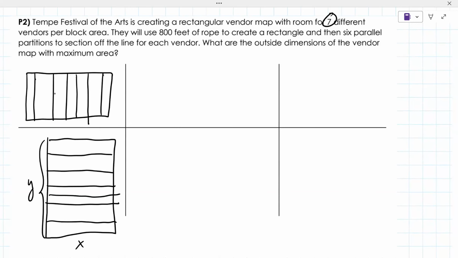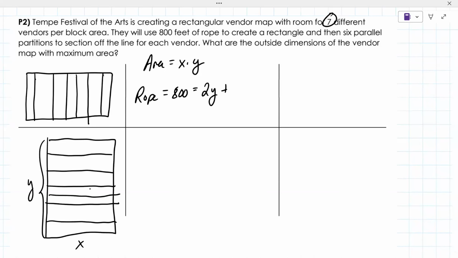When you start writing an equation here, the area is X times Y, but the rope equation, which is 800 feet of rope, it's better to use, we typically like X to have the coefficient in front of it.